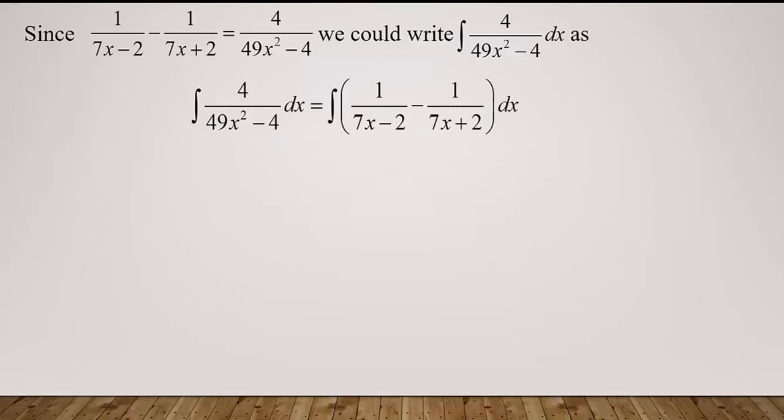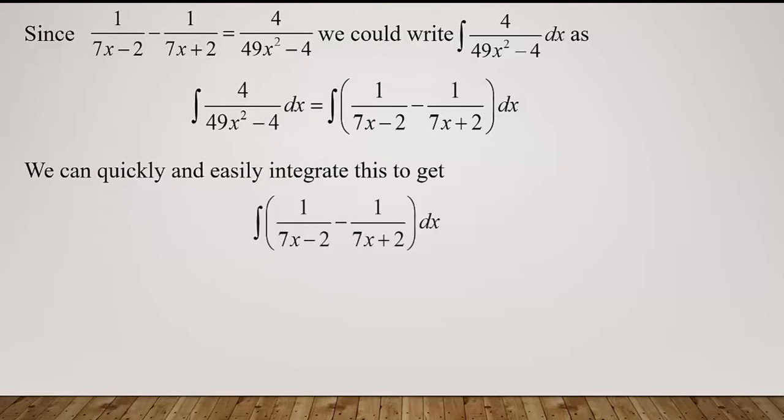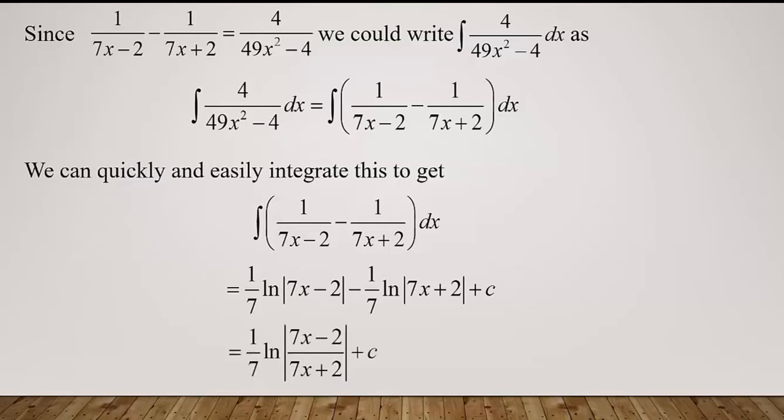And if we rewrite it like that, it is so friendly to integrate 1 over 7x minus 2. And it's so friendly to integrate 1 over 7x plus 2. We can quickly and easily integrate that to get 1/7 natural log absolute value of 7x minus 2, minus 1/7 natural log of 7x plus 2, plus c, or I could use a property of logarithms to get that as a result.